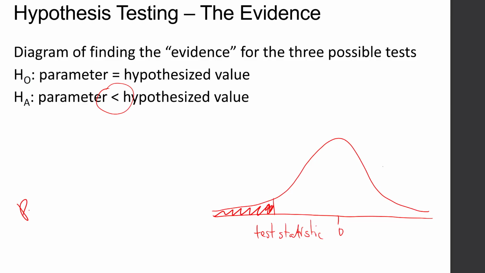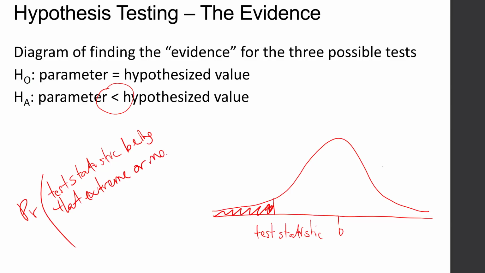So this probability, again, is the probability of a test statistic being that extreme or more in the direction of the alternative hypothesis, and I should have put on that last one, assuming that the null is true.